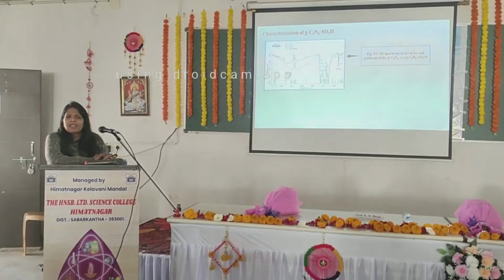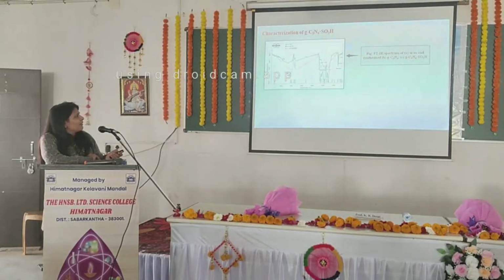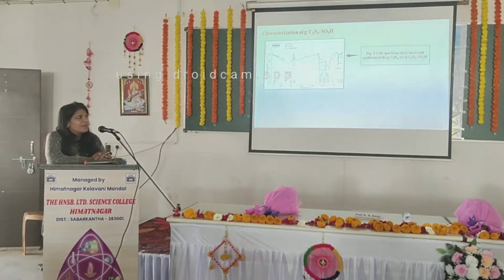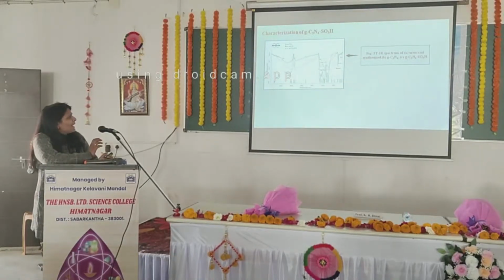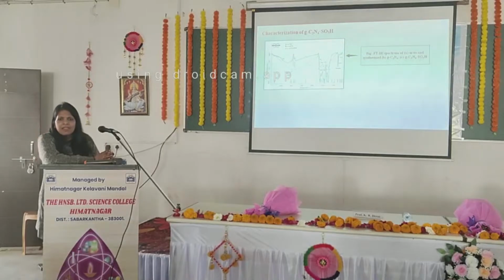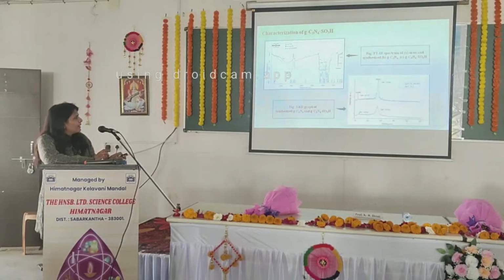Further, to check whether we have prepared the material in the right form or not, we conducted analysis. We performed the FTIR spectrum of urea, g-C3N4 and graphitic carbon nitride sulfonic acid, and it was found that the NH peaks are common in all three, but the presence of the C-N-S peak and S=O peak confirms the formation of graphitic carbon nitride sulfonic acid, that is the incorporation of sulfur in the material.